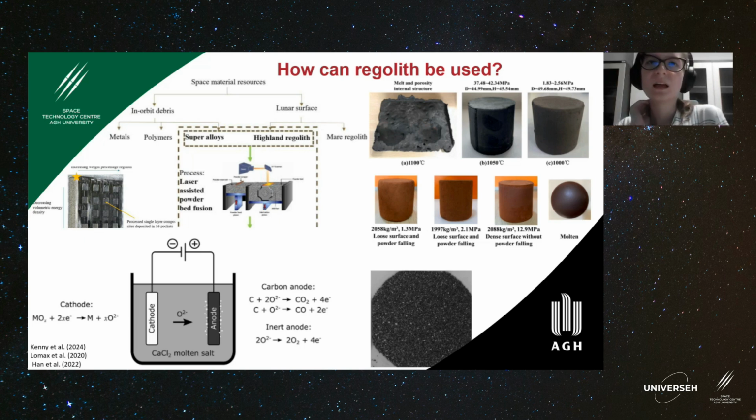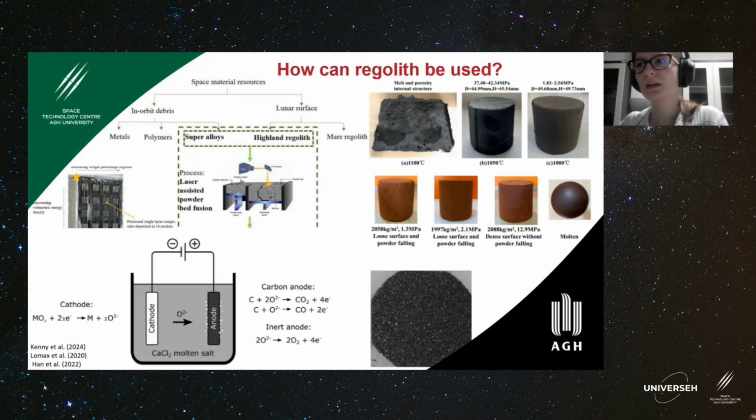And plan actual applications of regolith. Here we have examples of, for example, molten regolith electrolysis. In this process, oxygen is obtained and also a metallic substance. Such a process would be quite beneficial on space bases during space missions, because oxygen is absolutely necessary for people to function, but also various equipment pieces can be made using metals.